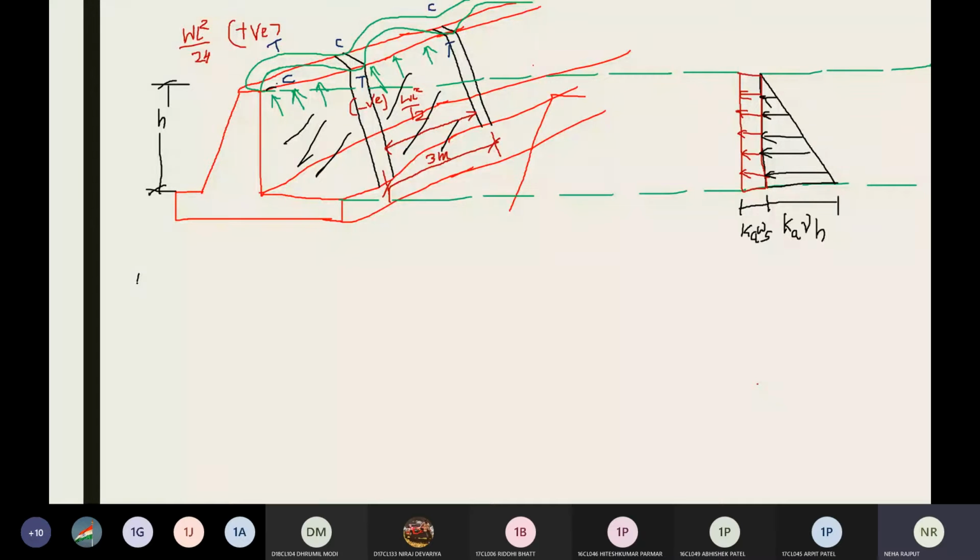So we are going to write the total pressure value. Pressure acting on stem is equal to K gamma h plus K into Ws. See, this unit is kilonewton per meter square: kilonewton per meter cube into meter.